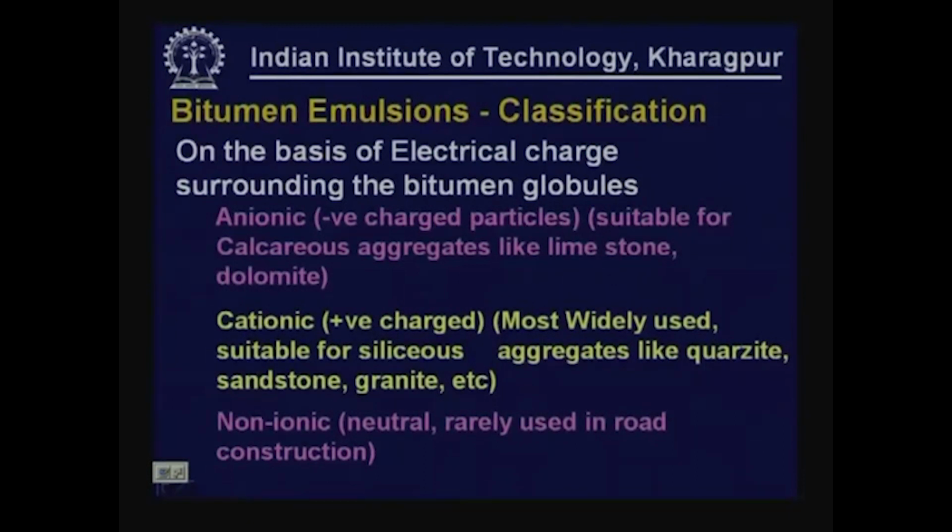On the other hand, cationic emulsions, which are positively charged, are most widely used. Cationic emulsion is the most commonly used emulsion in India and in many countries. These are suitable for siliceous aggregates like quartzite, sandstone, granite, and so on. There are non-ionic neutral emulsions also, but they are not normally used in pavement construction.